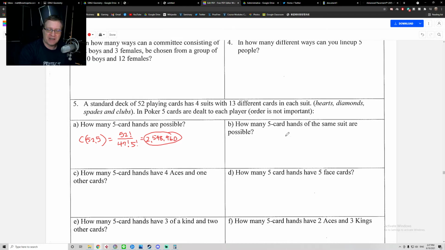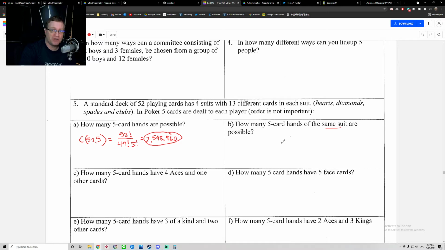That means that all 5 cards in your hand are in the same suit. That means maybe I've got 5 diamonds or 5 hearts or something like that. All 5 cards are the same suit. Our question is, how many different ways can that happen?